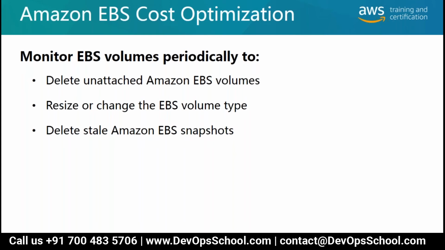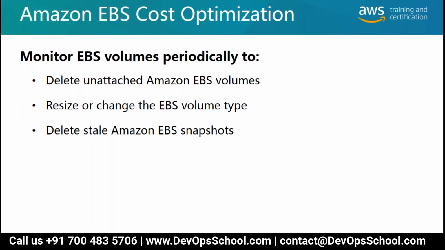You may resize or change the EBS volume type also. If there is an EBS volume which is not utilized to a considerable extent, you may want to resize it, or you may want to change the type. If you are using it for high IOPS and you are not provisioning that, you are using maybe high throughput one, then you may want to change the type of the EBS volume and delete the stale EBS snapshots.